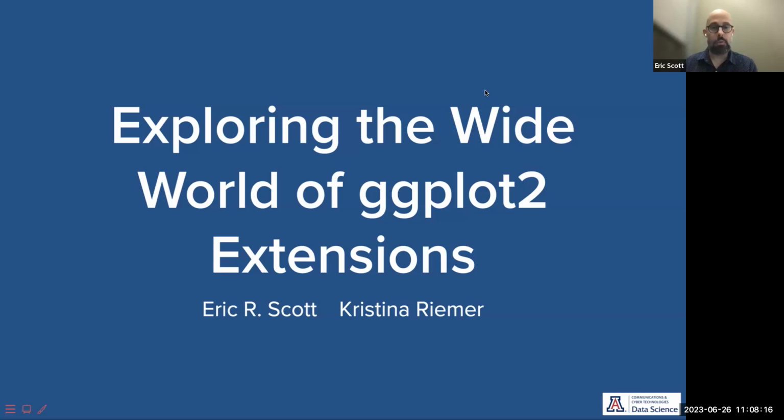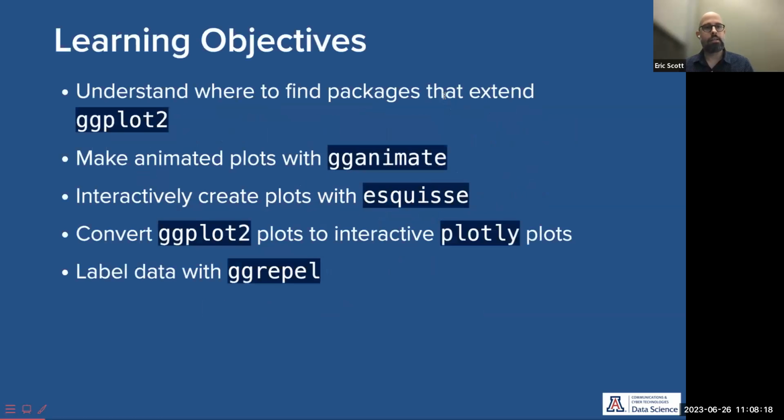Great. So what we're going to do today, here are some learning objectives. Basically, we're going to talk a little bit about how to find extensions to ggplot2 and how to know where to look for things that you can do. Then we picked out a few packages that we think are really cool and useful, and probably good to know about for a wide range of people.